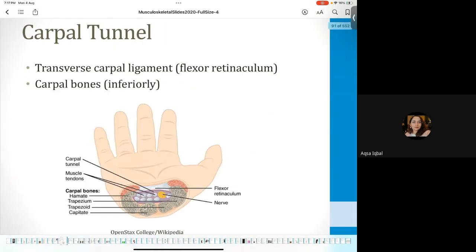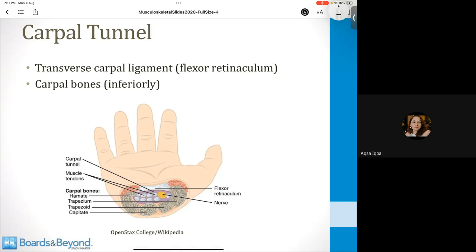We also discussed that an anterior lunate dislocation can compress your median nerve, giving you carpal tunnel syndrome. So we have the carpal tunnel. This is the tunnel. At the base, you have these bones, and you have the flexor retinaculum. In the middle, you have different tendons and the median nerve, which is really important to know.